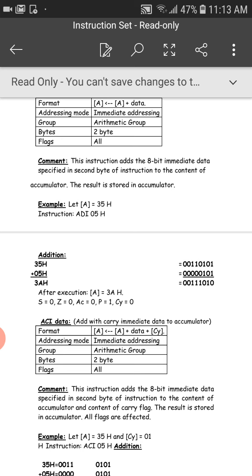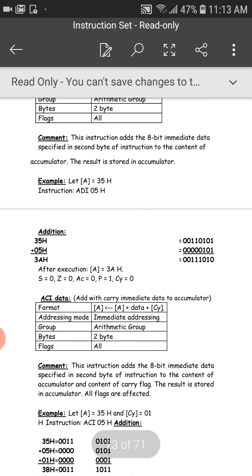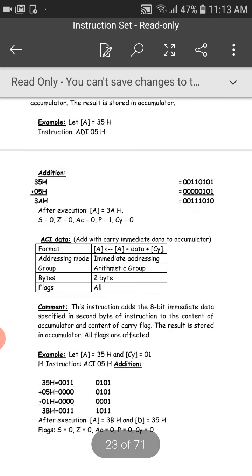And if carry is generated from B3 to B4 bit, then auxiliary carry is 1, otherwise it is 0, and parity is 1, meaning the number of ones is 4 here, so P is 1, and carry is not generated here, so your carry flag is 0. So again I am telling you, go through the previous video for how to calculate these flag values so you can understand.